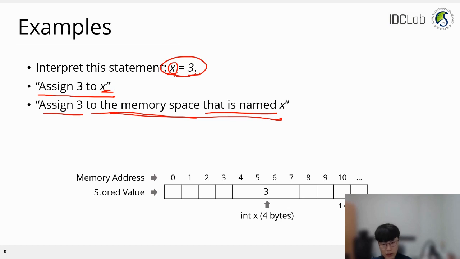So this is what happens. We have a variable, integer x, and it takes up 4 bytes of memory, and is located at memory address 4. And because you assign 3 to it, 3 is stored in this memory space. This is what happens if you execute this statement.